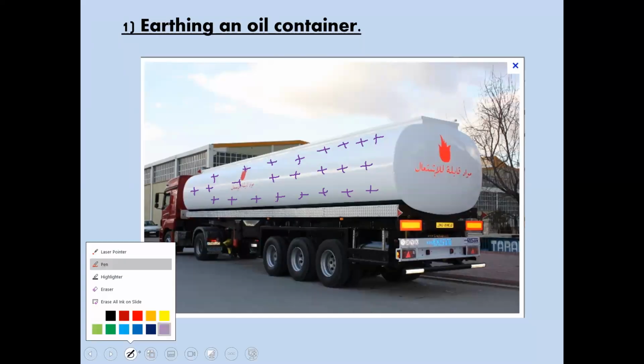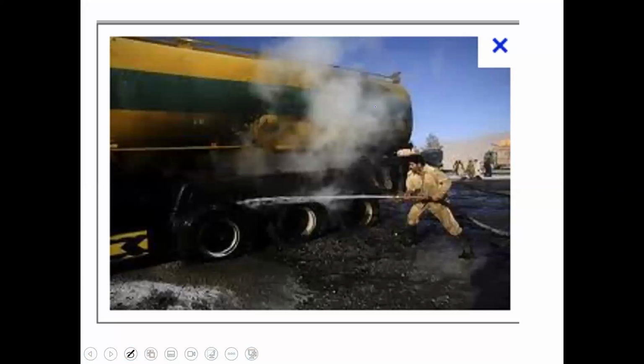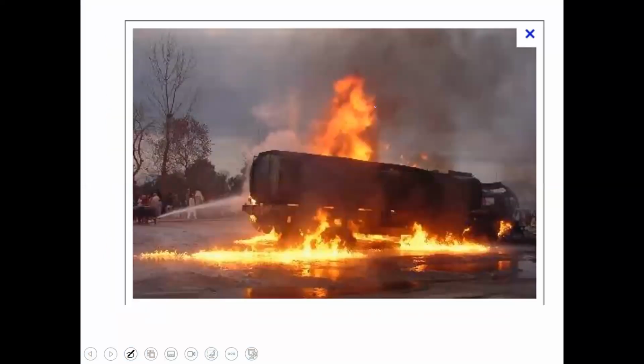When something is charged, there is always a chance of a spark if another object hits it. That is why you must have seen that they have written there: keep a safe distance, it is dangerous, a spark can occur. A spark can ignite the fuel, and this can be very dangerous.